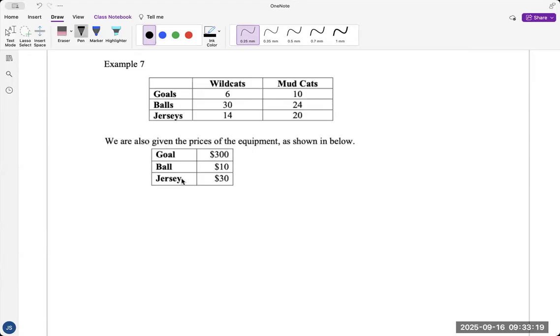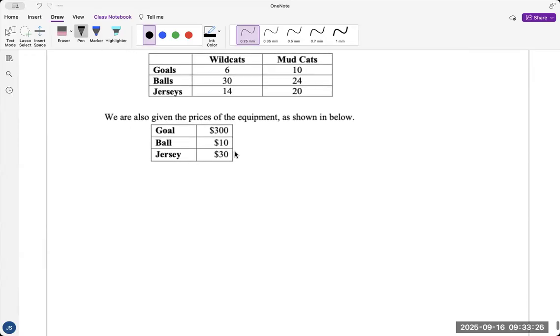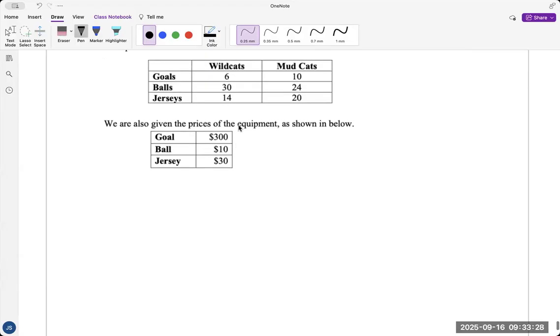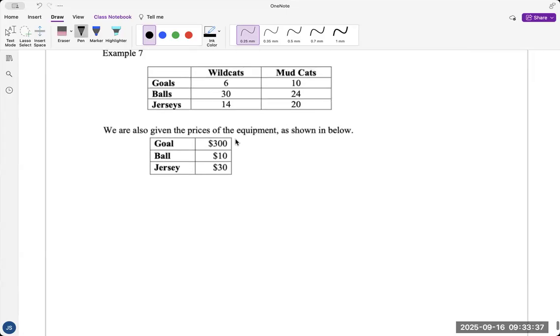And we are also given the prices on equipment. So one fast way to find a total for the equipment is to multiply this matrix by this matrix. And we'll get the totals for both teams really quickly.